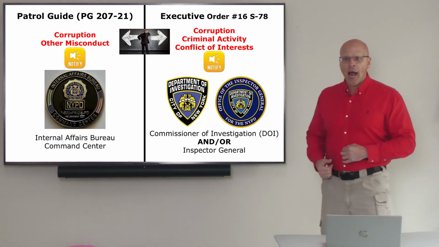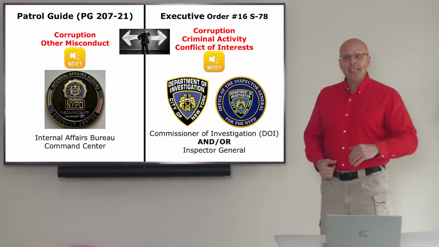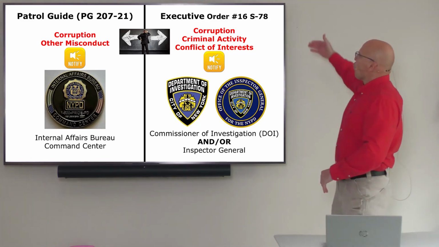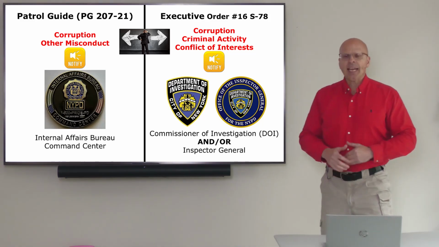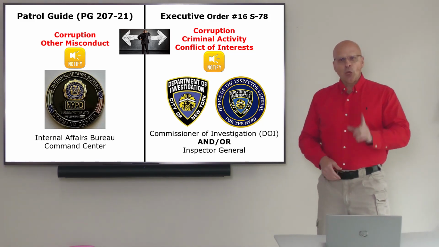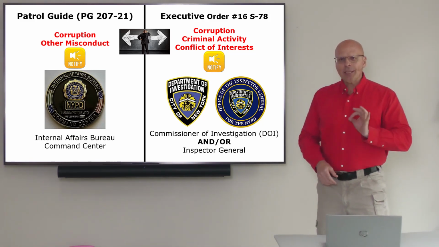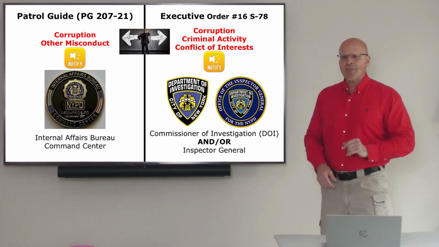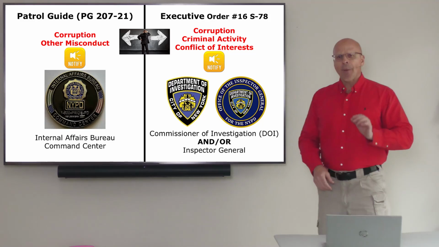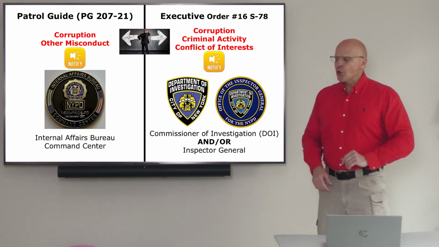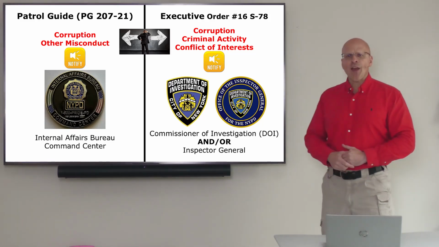In the patrol guide, your responsibilities are different than reporting corruption, criminal activity, or conflict of interest in the executive order. Because if they lock you into the patrol guide procedure 207-21, reporting corruption or misconduct by a member of the service, you will report it to the Internal Affairs Bureau, Command Center.